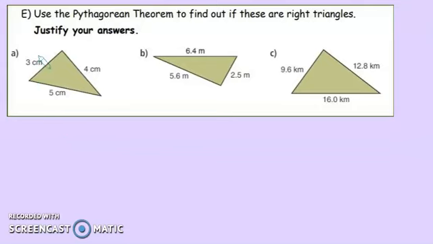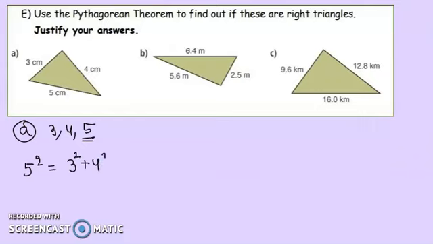You can see one side is 3 centimeter, another side is 4 centimeter, and the third side is 5 centimeter. Which is the longest? 5 is the longest. So 5 square must be equal to the sum of the squares of two remaining sides.